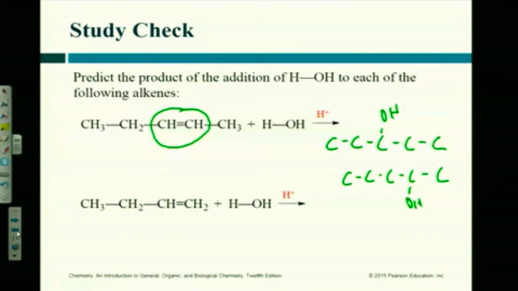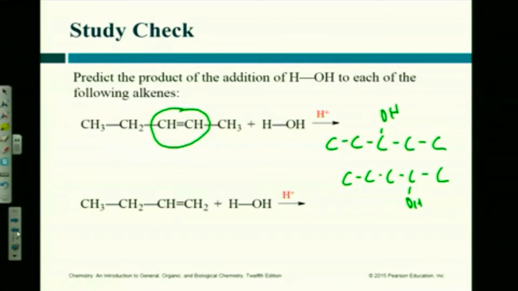So either one works. And we'll talk about how to name these next week. So you're just adding the OH because it's a hydro. This is a hydroxyl group. It's an alcohol. It makes it an alcohol. Do you add the OH where you put the hydrogen?